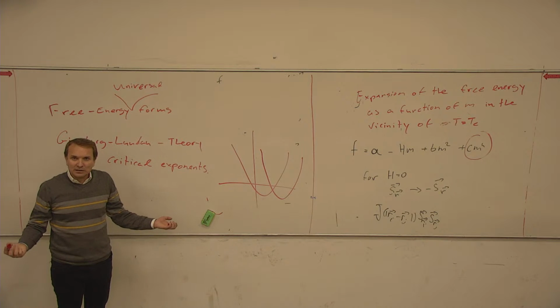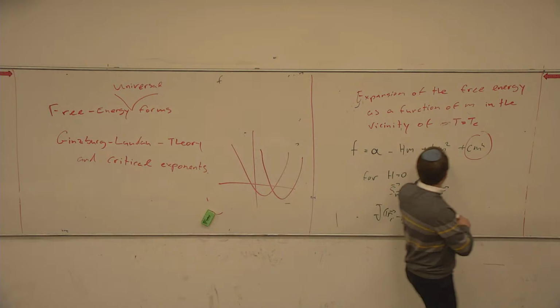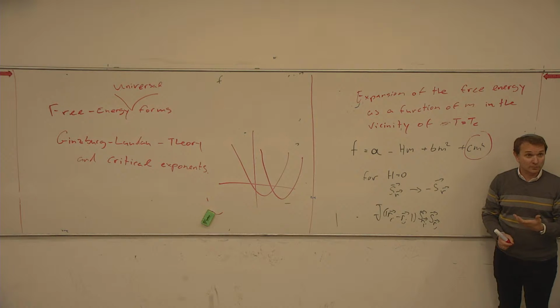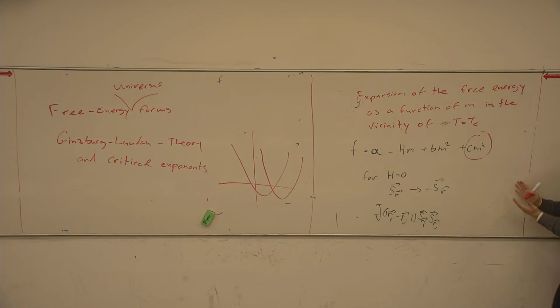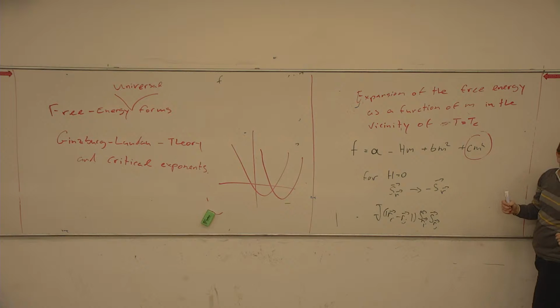So I need an additional term in order to see some sort of transitions, right? In all those systems, I do see transitions. So the minimal assumption is just, let's push by hand an additional term which goes as M to the fourth, and there is no term that goes as M to the third, because then this symmetry is not satisfied.